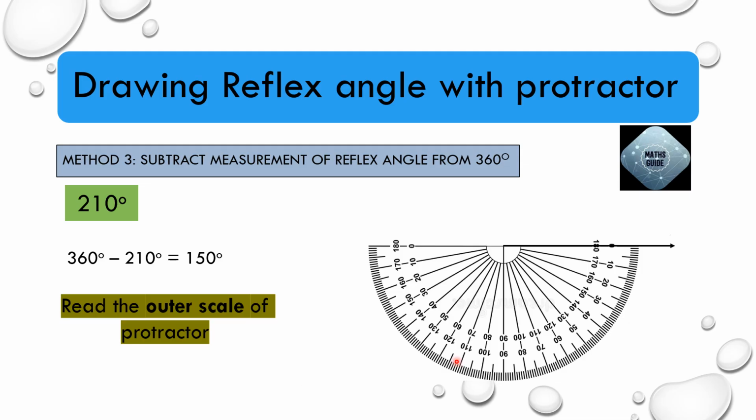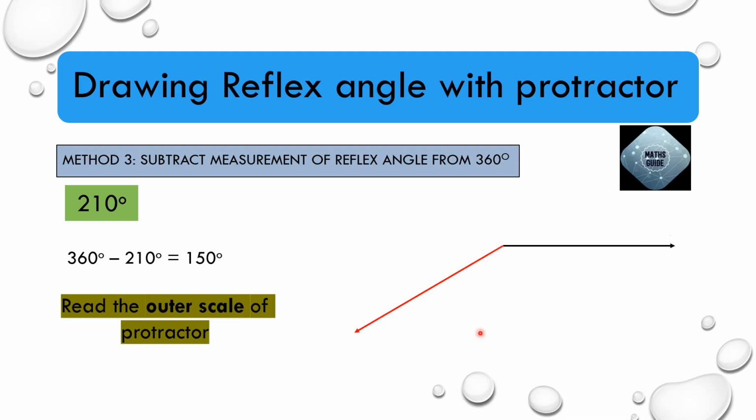So now we have to use this outer scale, and we will draw an angle of 150 degrees, moving backward from 360 degrees. This is our terminal ray, and now the rotation will be upward, showing an angle of 210 degrees starting from 0 to 210.